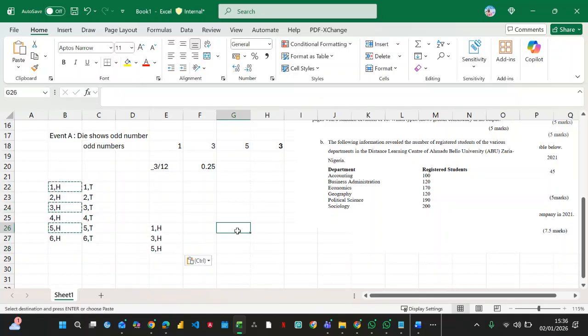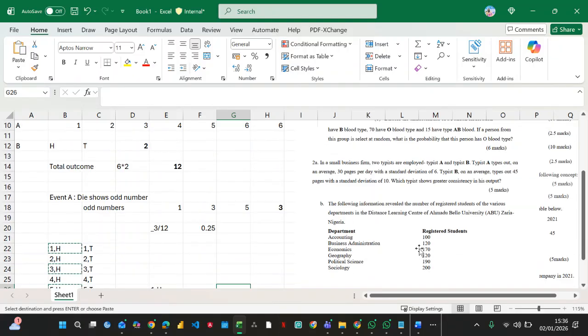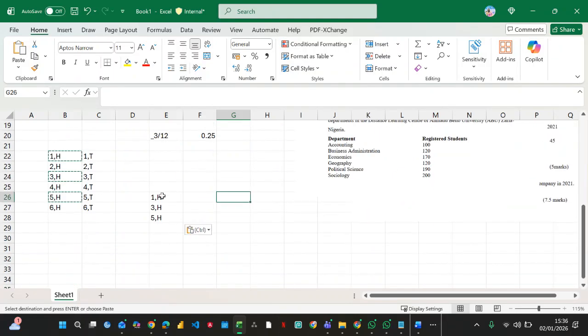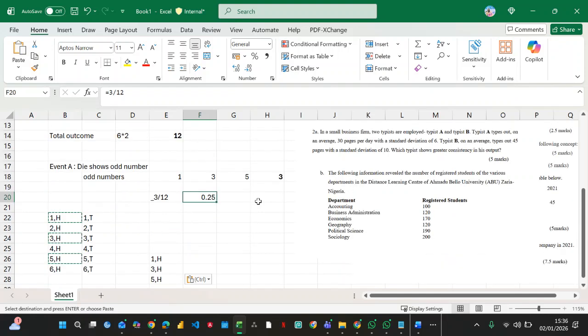By the time you get 3 over 12, this 12 already captured this in the event of B. That's what it means. It's just three. So it's three, then 3 divided by 12 will give me 0.5.